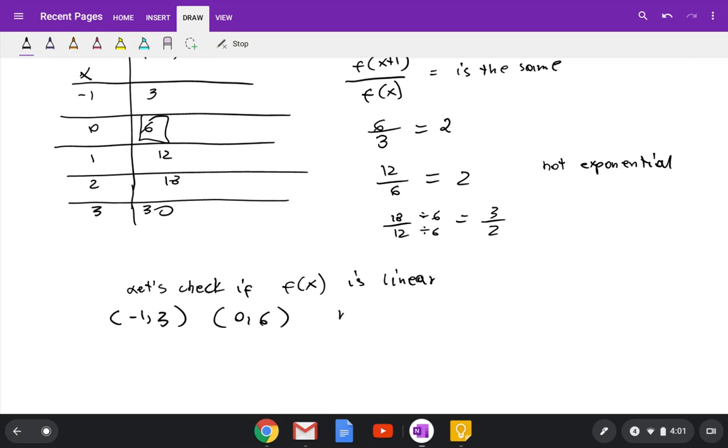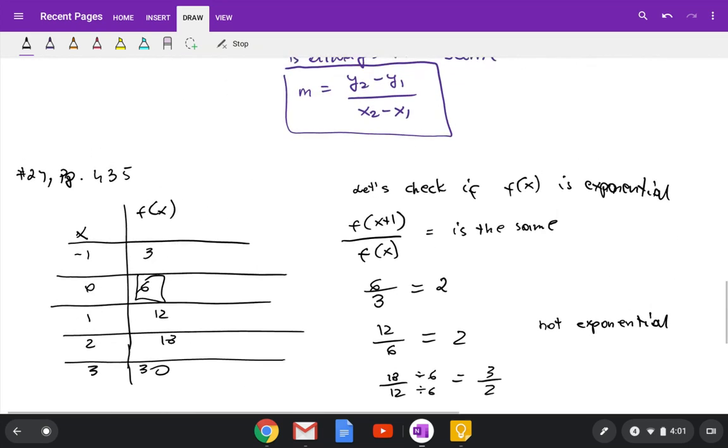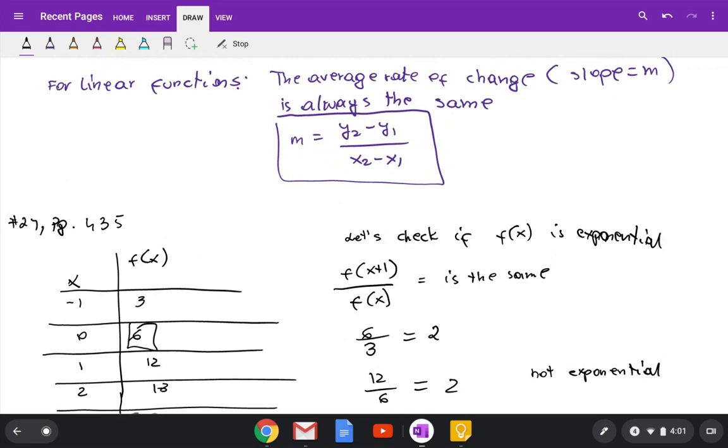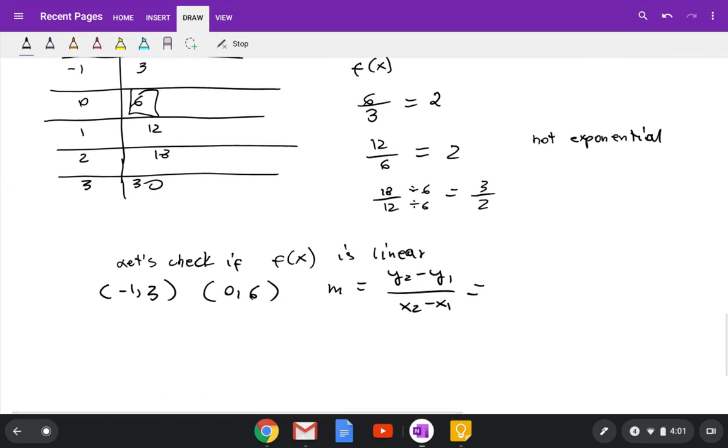I'm going to find the slope using the formula y2 minus y1 over x2 minus x1, because a linear function has equal slope. Let's label them: x1, y1, x2, y2. So I'm getting 6 minus 3 over 0 minus -1, which is 3 divided by 1, which is 3.